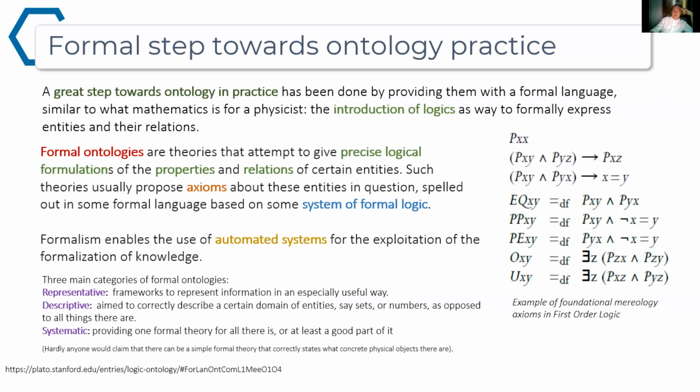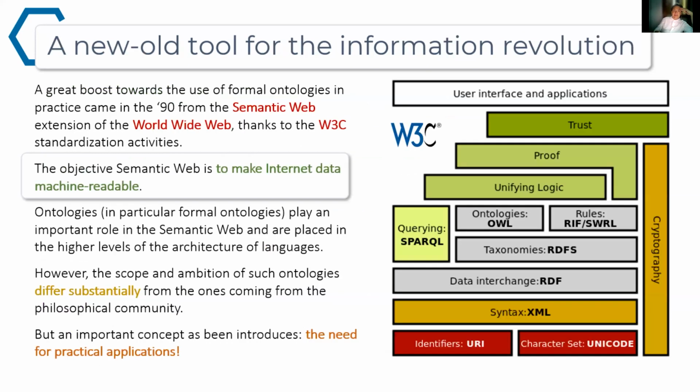So this is something that has been debated and improved in the last century. But ontology started to appear again on the bookshelf of engineers and scientists at the beginning of this century, or starting in the 90s, when we started to develop the semantic web technologies.